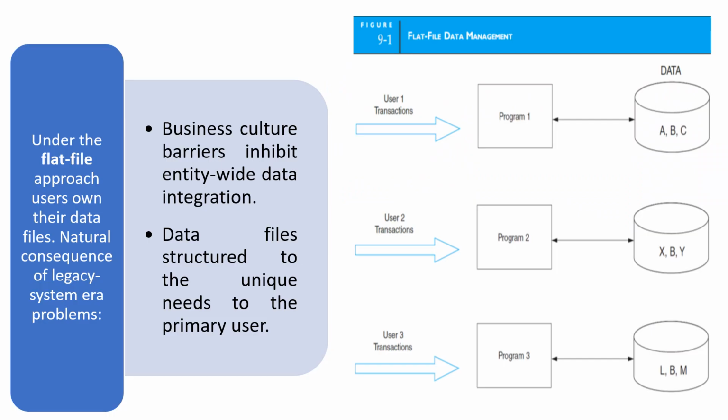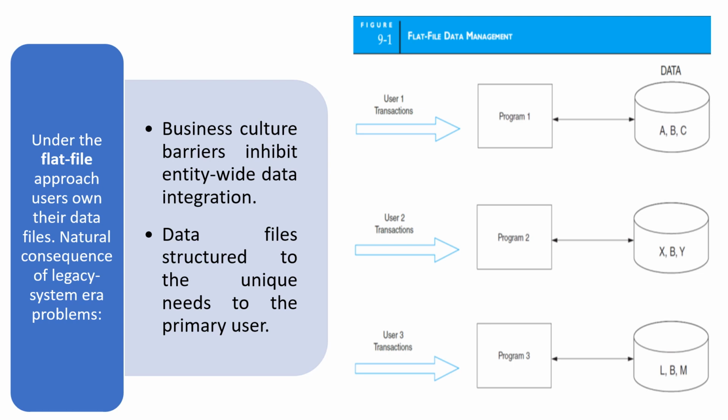The first approach is the flat file data management, where users own their data files separately, and the consequence of this is the legacy system era problem. What is the problem? Business culture barriers inhibit entity-wide data integration, and data file structure is unique to the needs of the primary users. So it is a separate database.